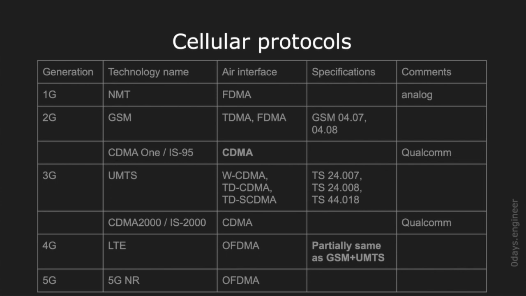The important point here is that UMTS had, at this point, already adopted the low-level air interface protocol from the CDMA. And eventually, at the fourth generation of protocols, these two branches of development come together to create the LTE technology. And same for 5G.